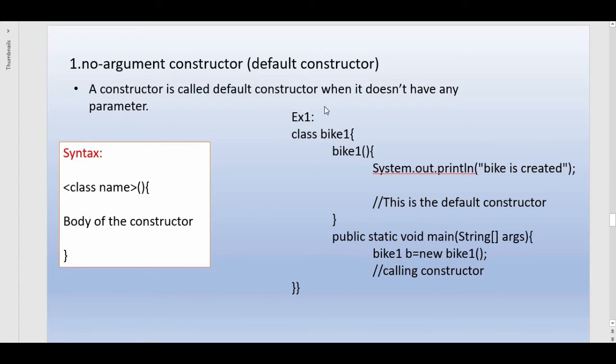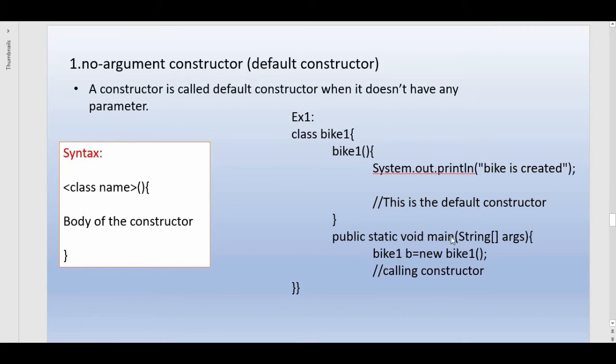Class Bike1. Bike1 is the name of the class. Inside the class there is a default constructor and the main method. When we look at the main method, Bike1 b = new Bike1(), what is it? It is the creation of the object. We create an object by referring to the Bike1 class, and we use the new operator to allocate the memory for the object.